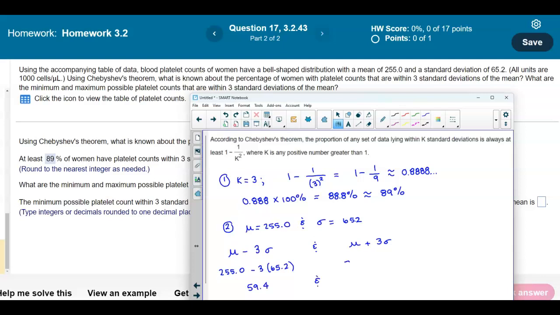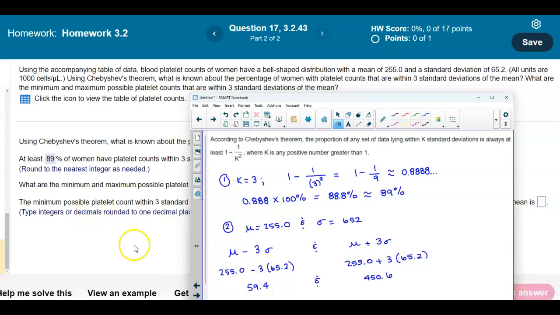And then if we take the mean of 255.0 plus 3 standard deviations times 65.2, then we get 450.6. So let's put our values in here.